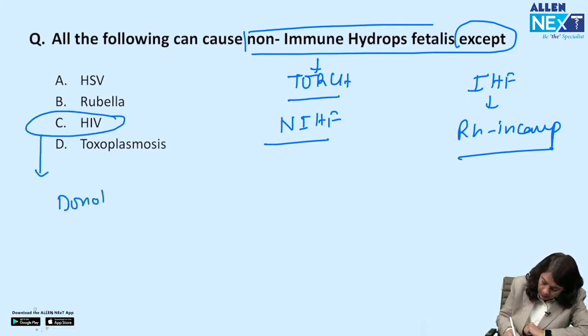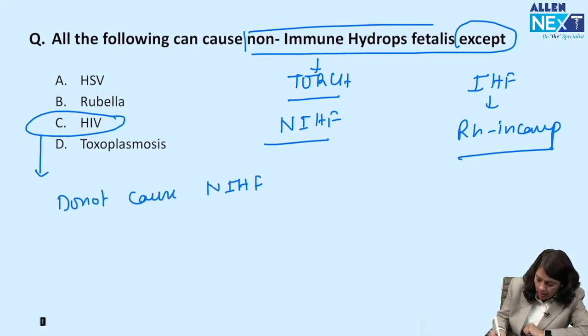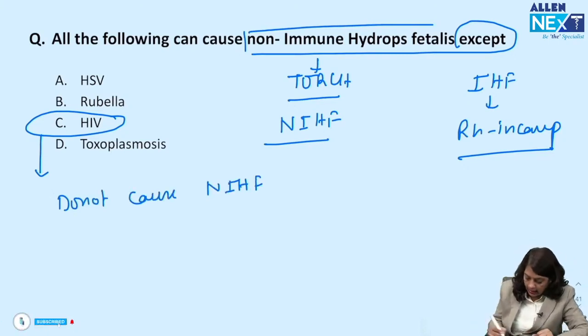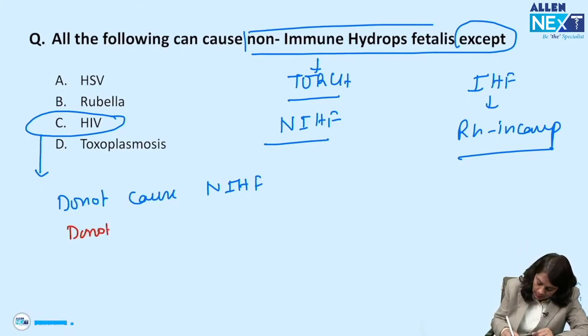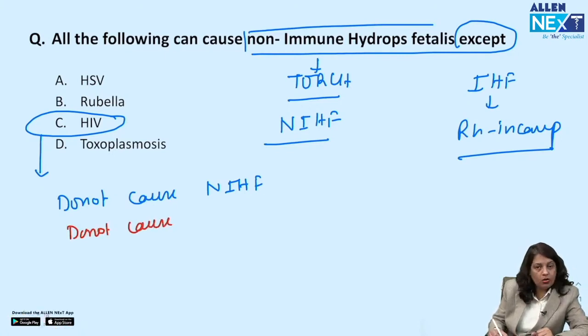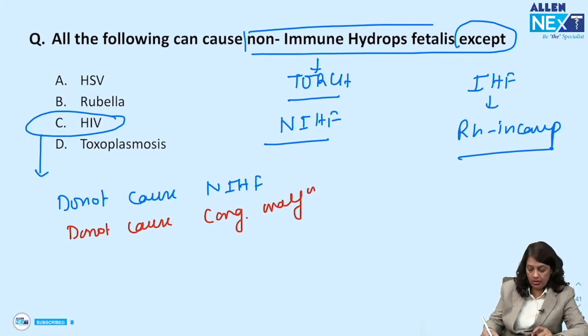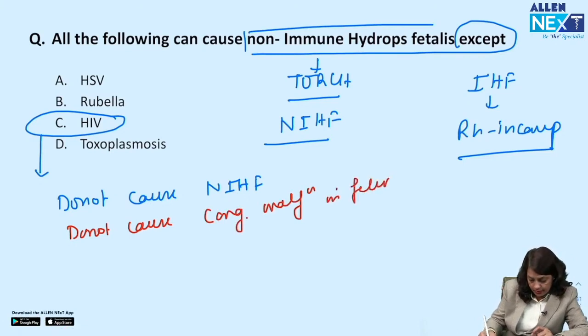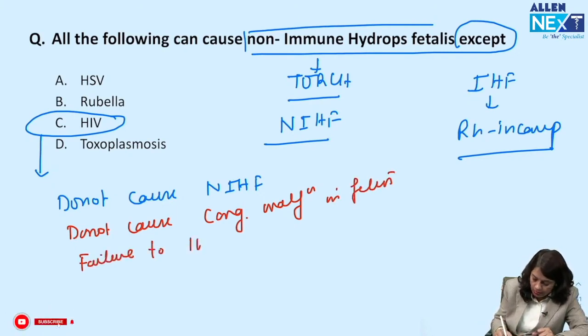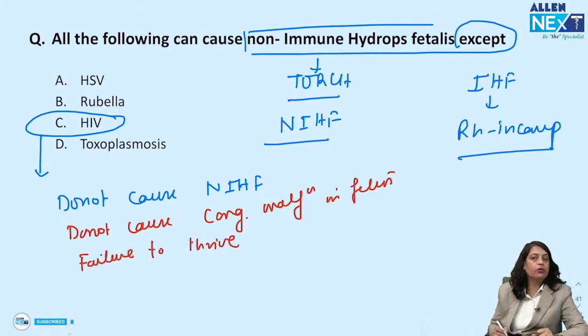HIV does not cause non-immune hydrops fetalis, and HIV does not cause any congenital malformation in the fetus. Okay, HIV causes failure to thrive.